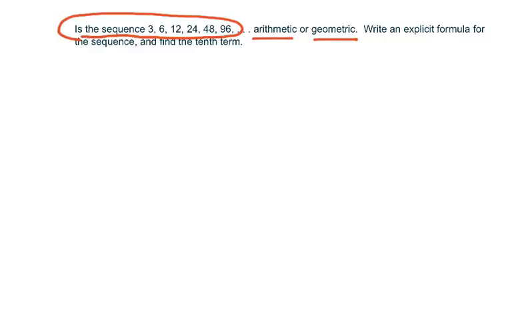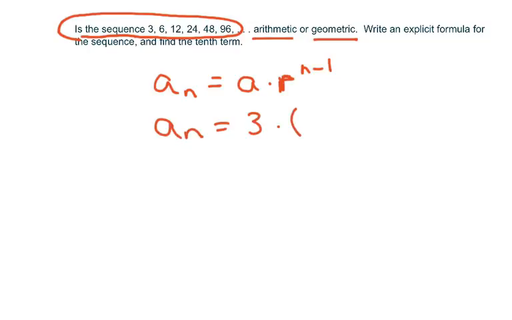So what we want to do is find a formula, and our explicit formula you can look at like this. That should be on your formula sheet. So all you're going to write down is your first term and your common ratio, and your common ratio is 2. So that's your explicit formula.